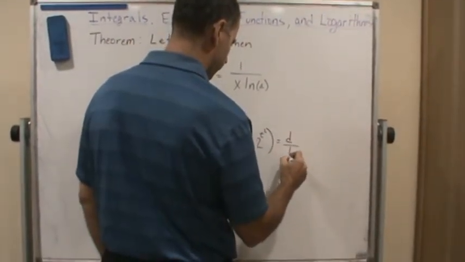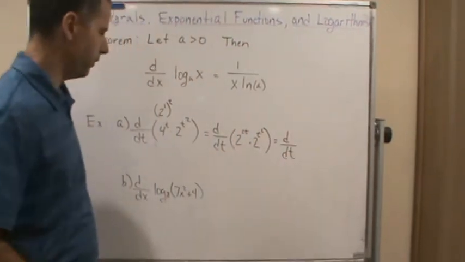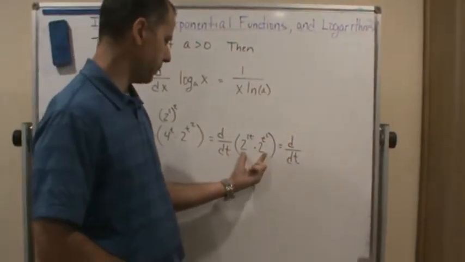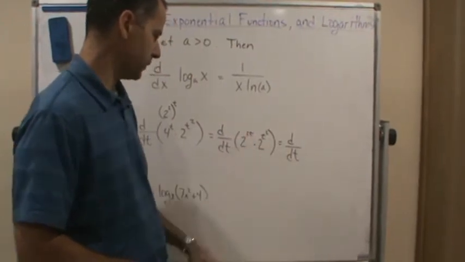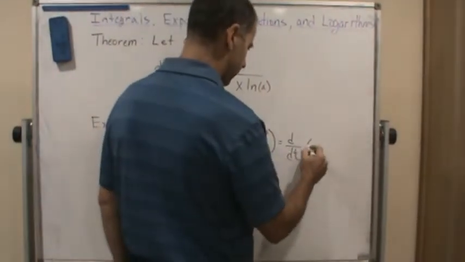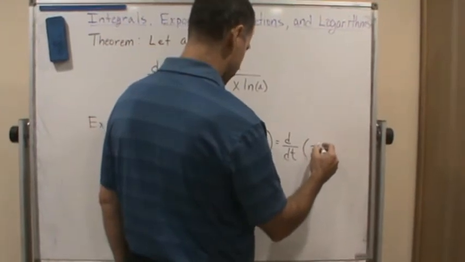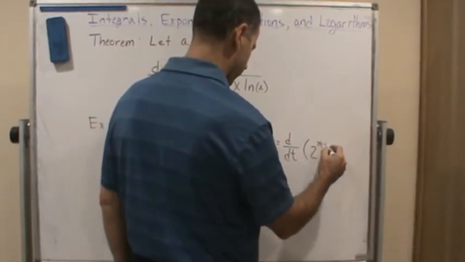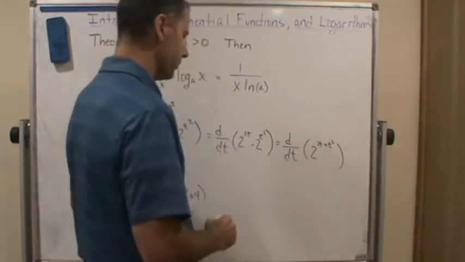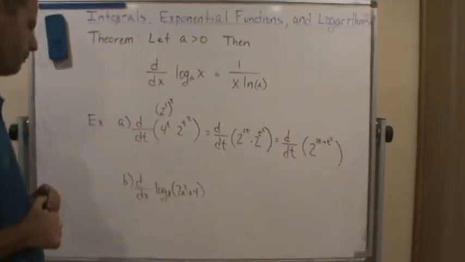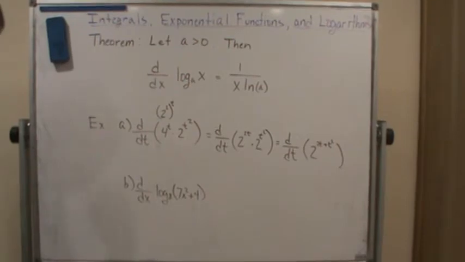Now, this can be further simplified by using the other property of exponents, because we've got the same base, so we can add these exponents. That brings us to this. And so now we've got this exponential. In this exponential, what do we do?